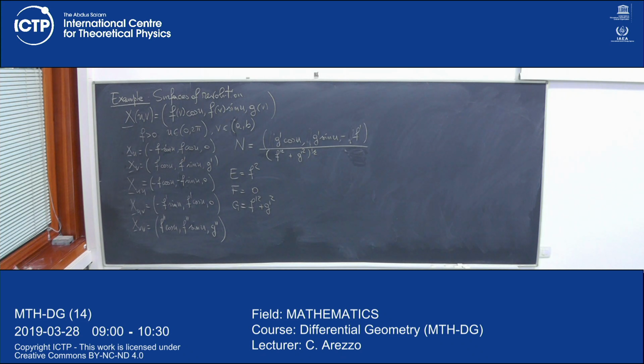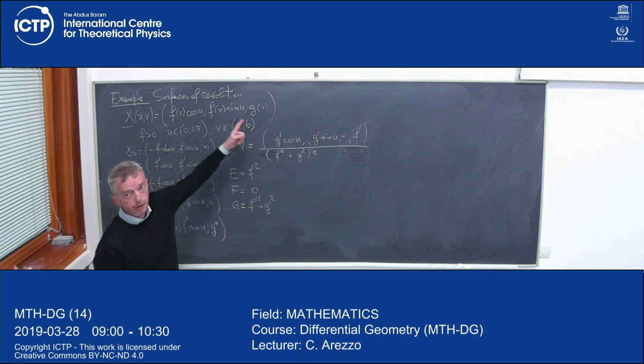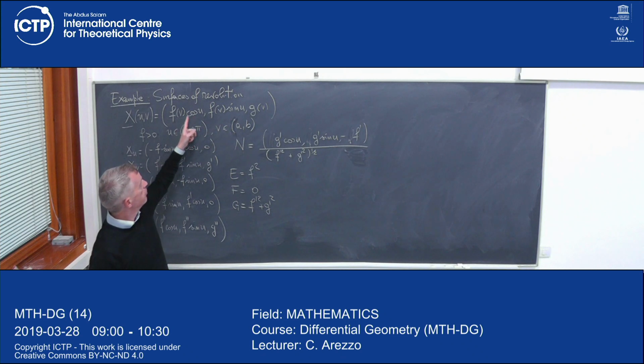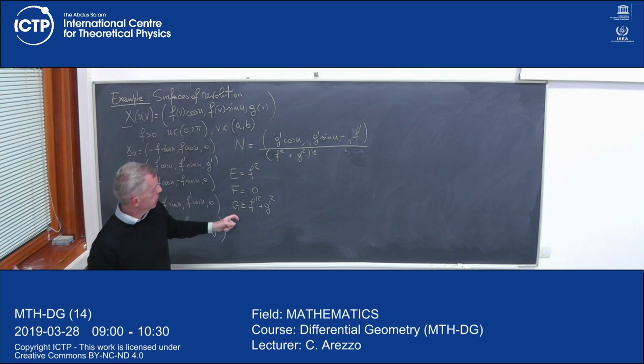I don't remember at which moment I want to decide that I'm rotating a curve which is parameterized by arc length. You see how much it would simplify my life? What is the norm of the tangent vector to the curve which is rotating? It is exactly f prime, g prime. So this would become 1.